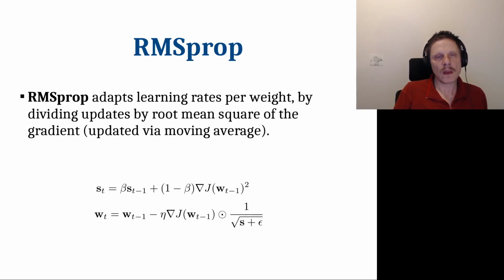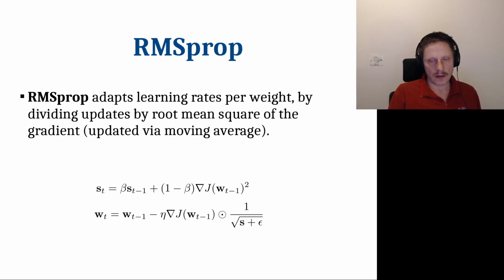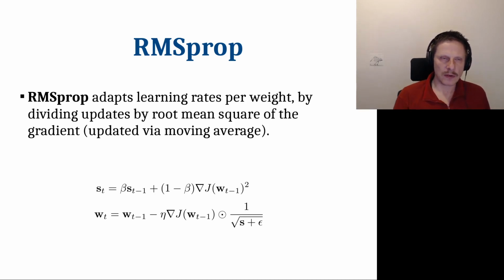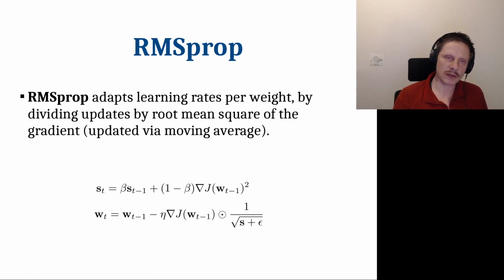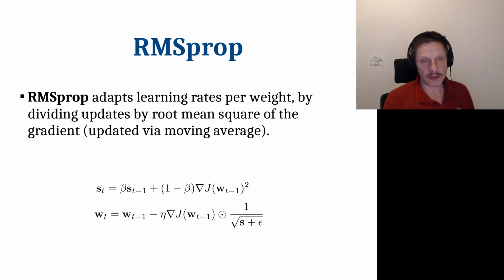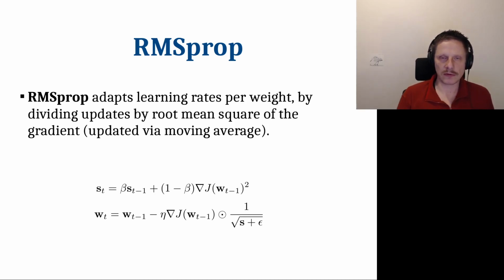Another change to the update formula that I wanted to discuss is known as RMS-prop. RMS-prop stands for root mean square propagation, and it was introduced actually not in a paper but in lecture slides by Jeff Hinton in the Coursera course. So you can check these slides if you want to know all the gory details.